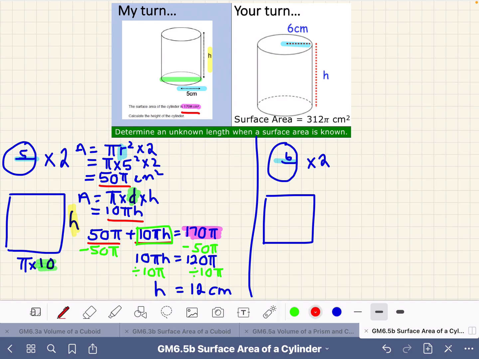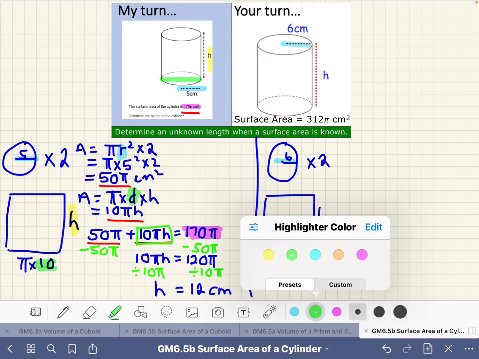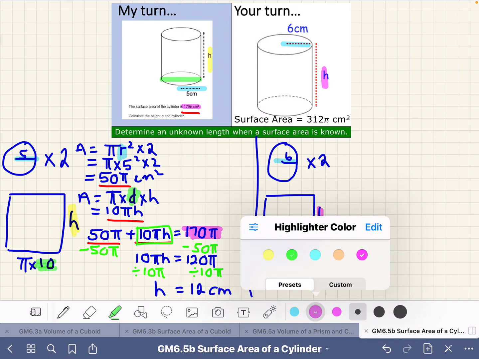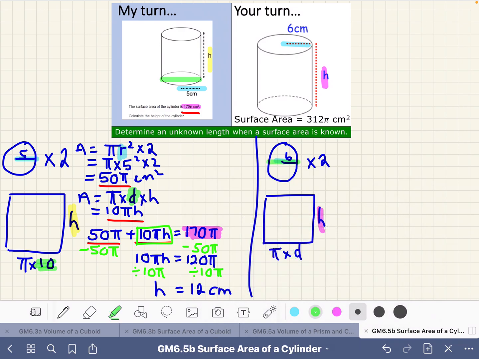The height we do not know. And the distance across the bottom is pi times the diameter. In this case, the diameter will be 12 as it goes all the way across.